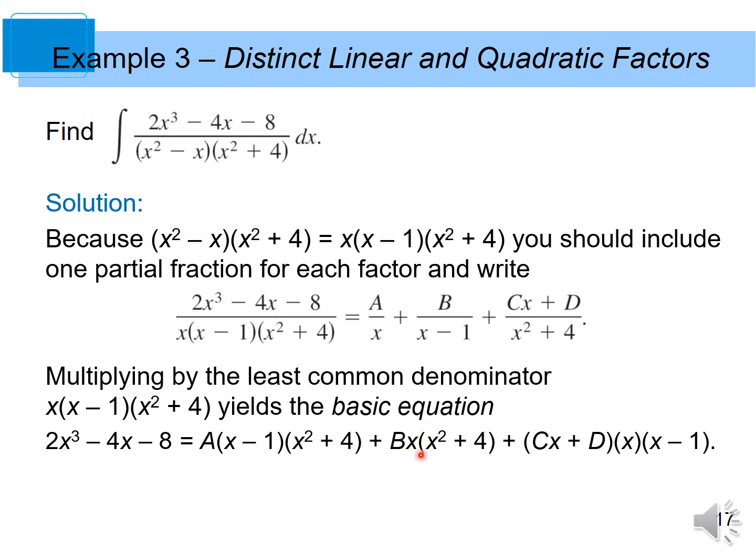And for the third term, the x squared plus 4 can be cancelled. So the Cx plus D will be multiplied by x and x minus 1. So we simplify.